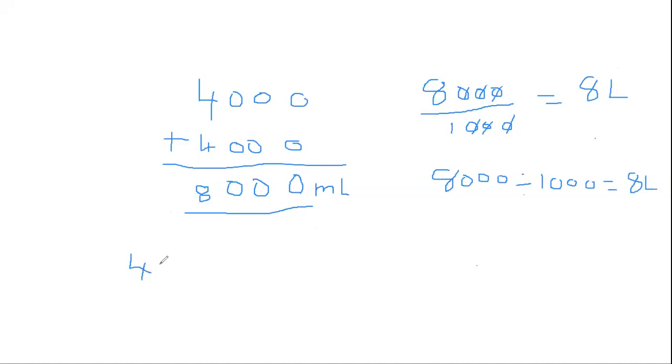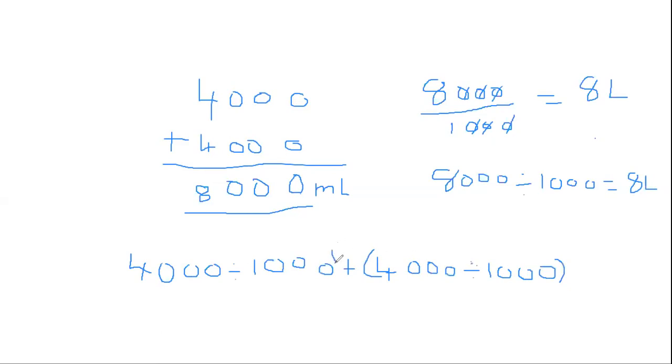Because it's 4,000 plus 4,000, you say 4,000 divided by 1,000, and add it to the next 4,000 divided by 1,000. We use brackets so you don't confuse things.